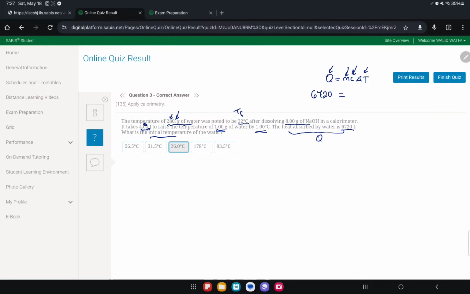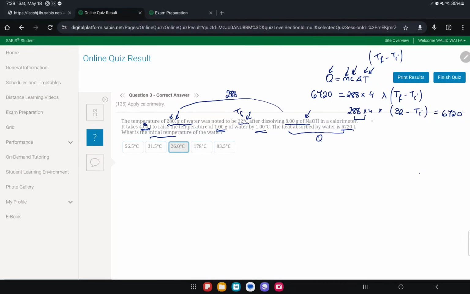We have 280 grams of water and 8 grams of sodium hydroxide, so if you add them up, the mass is 288, times C, which is 4, times delta T. Delta T is temperature final minus temperature initial, and our temperature final is 32 degrees Celsius. So 288 times 4 times (32 minus temperature initial) equals 6720.